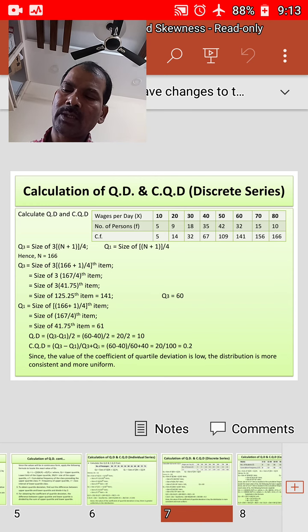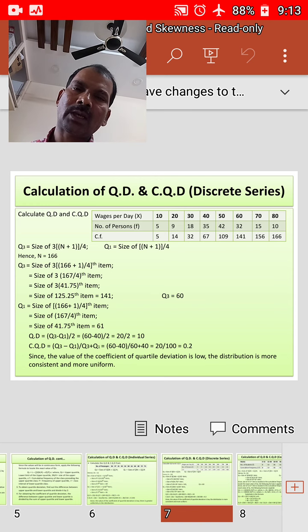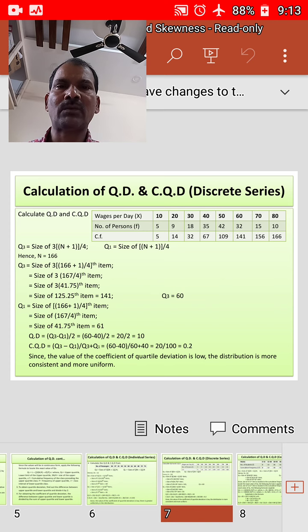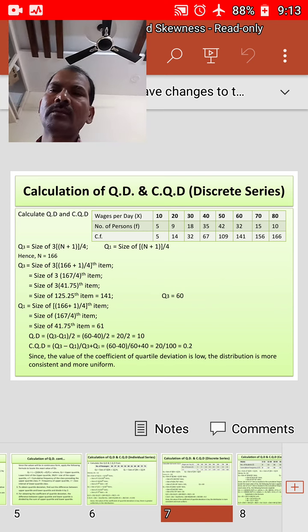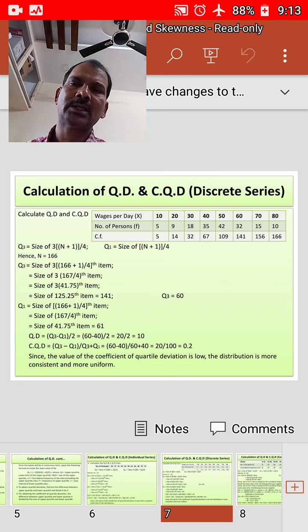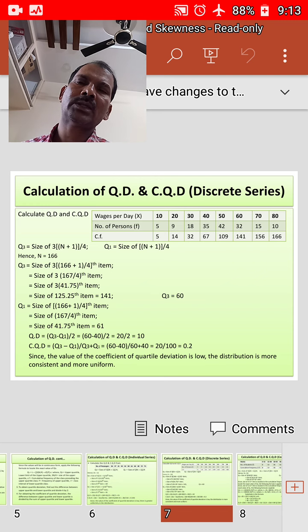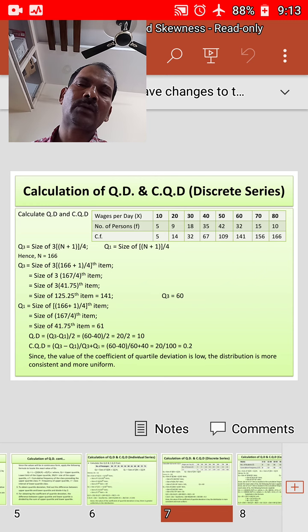In order to find Q3, we use the size of 3 into n plus 1 by 4th item, where n is equal to 166. So 3 into 166 plus 1 by 4, that is 3 into 167 by 4. 167 by 4 you will get 41.75.